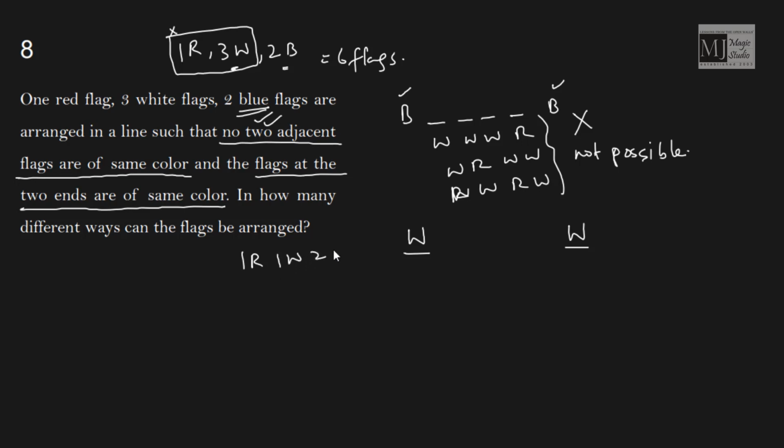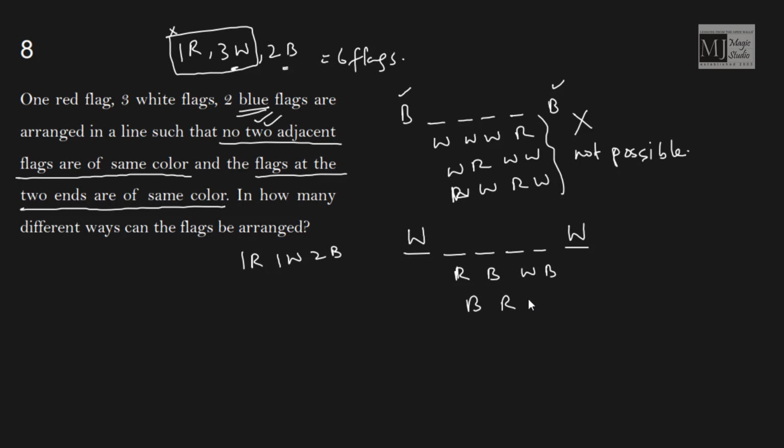Now we are left with 1 red, 1 white and 2 blue. Let's see in how many ways we can arrange these in these 4 places. If I start with red, since I have 2 blue, R, B, W, B can be there.